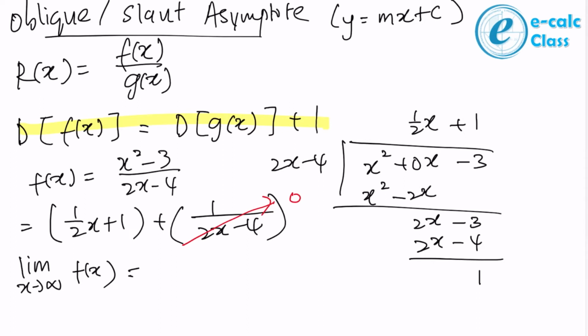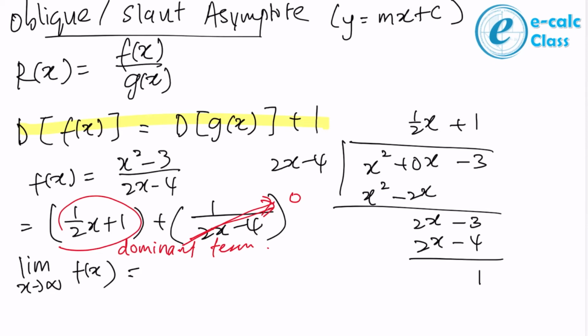Which means, who is the dominant term in this function? It's half x plus 1, isn't it? This is the dominant term. So when x approaches infinity, you can actually ignore the part 1 over 2x minus 4.